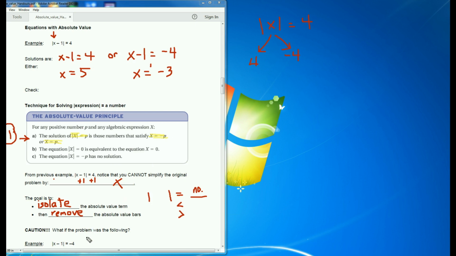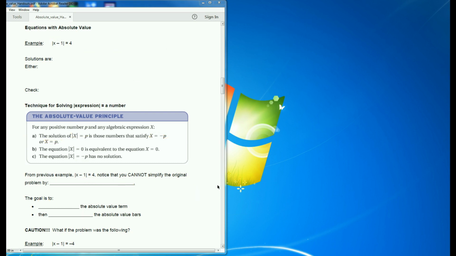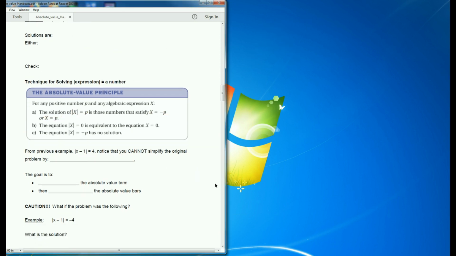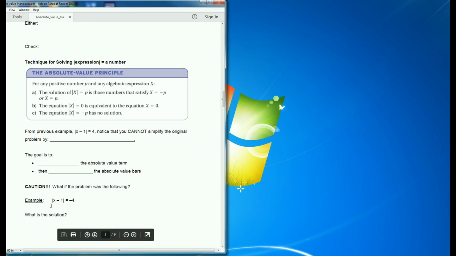All right, and then just one last little comment down here at the bottom. What if our problem had been the following? Absolute value of x minus 1 equals -4. So just be on the lookout for this. Don't just try to apply the technique and solve.